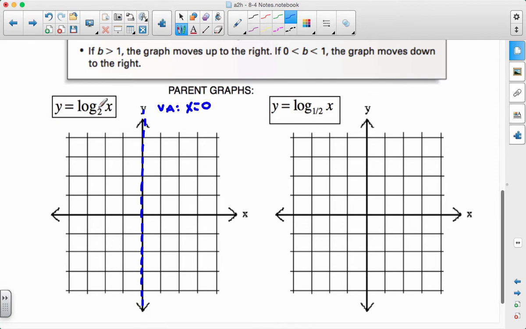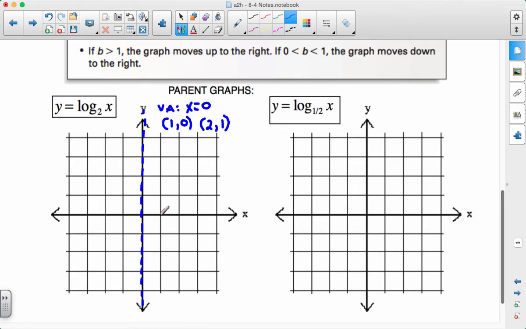My first handy dandy point: if I can make this argument, the "of" number, 1, then this whole thing becomes 0. So I will plug in a 1 and the whole log will become a 0. If I can make this argument the same as my base, in this case a 2, then the whole thing becomes a value of 1. So I'll type in a 2, and the result will be a 1.